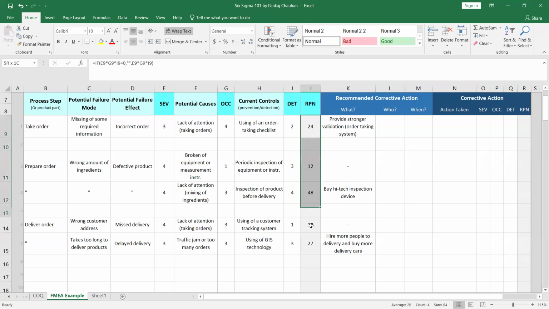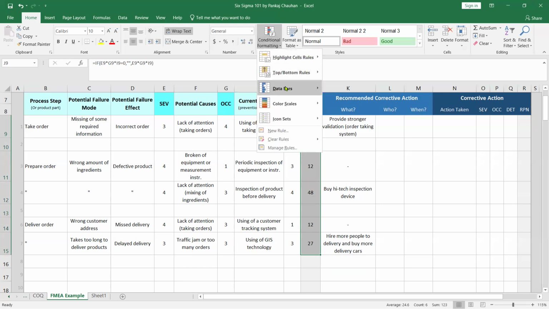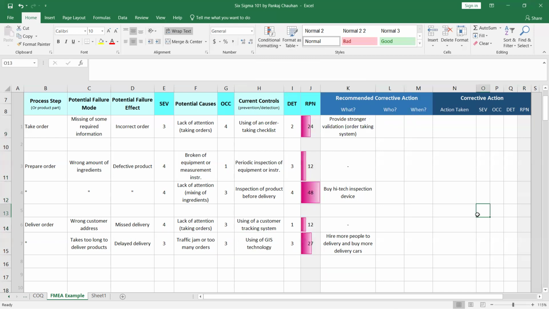So our objective now, once we identify the risk priority number, is how we can reduce or lower it. If we have a risk priority number and my current control is still not working, that's the reason the risk priority number is high. So we arrange this data in descending order, whichever is the highest being my first priority.